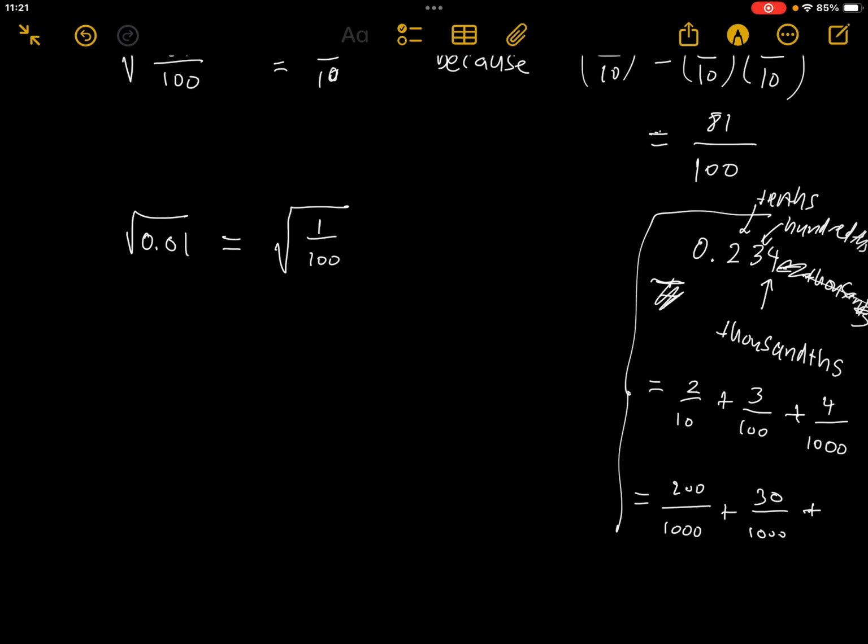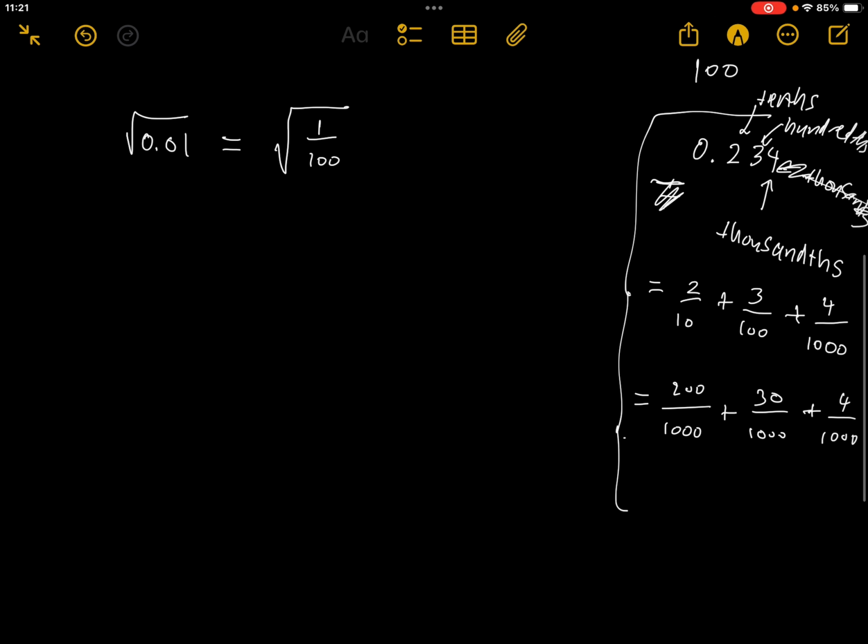And 4 thousandths just stays as 4 thousandths. Now I have a common denominator, and if I add them, I get 234 thousandths. So that's just a brief review of converting from decimals to fractions.